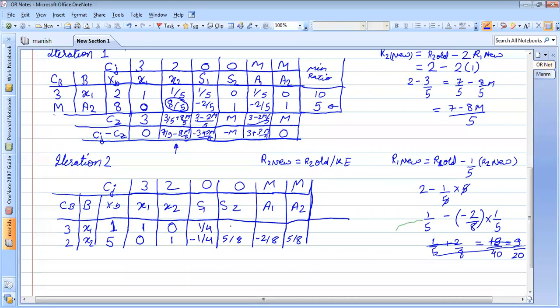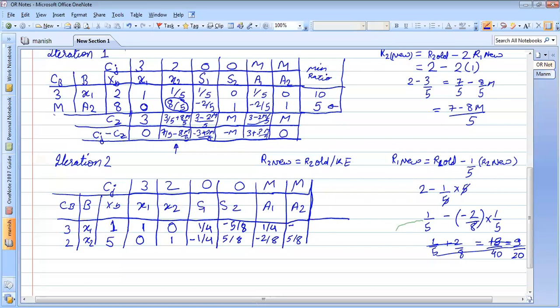Next, S2. For S2, what is the value? 0 minus 1 into 5 by 8, so minus 5 by 8. Here also it will be 1 by 4.